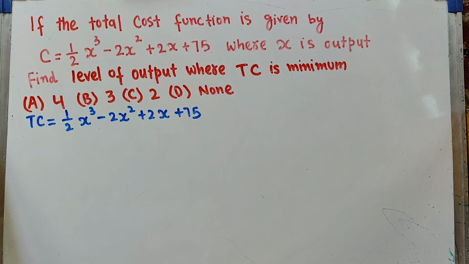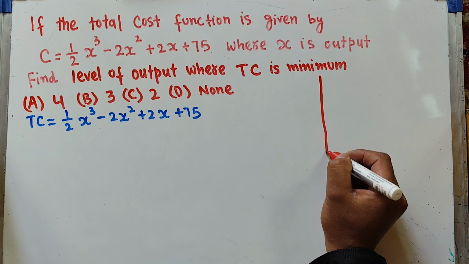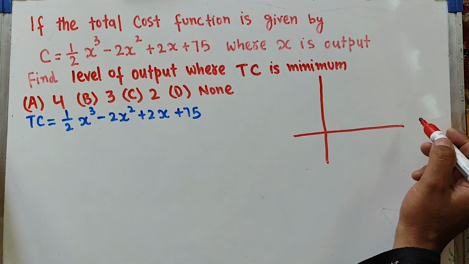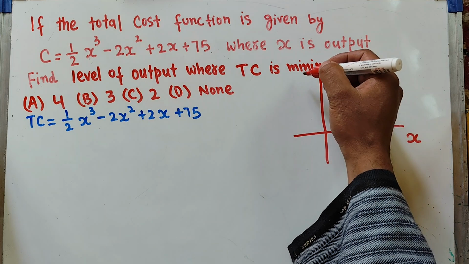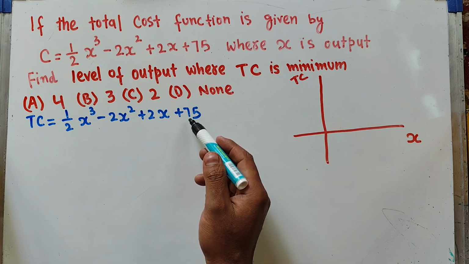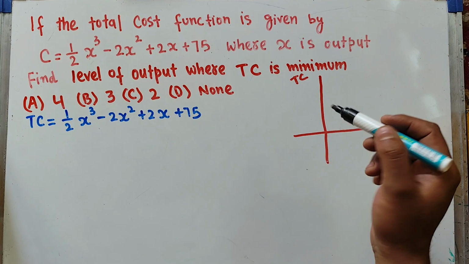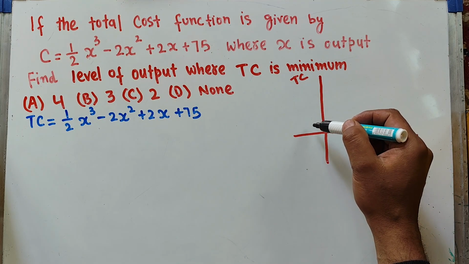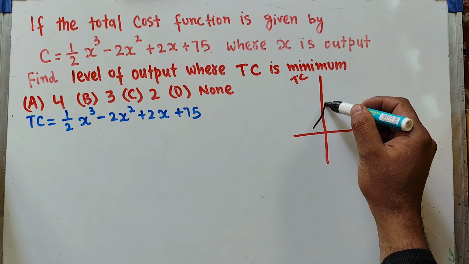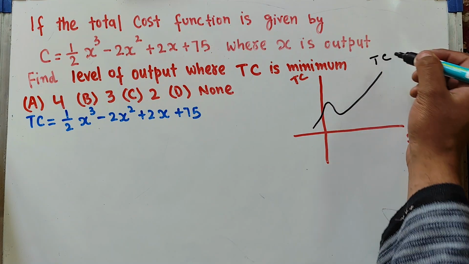If I draw a rough sketch of this graph, let us say we have the output on the horizontal axis and total cost on the vertical axis. Since this is a cubic function and its y-intercept is 75, it will roughly look like this. This is our total cost function.